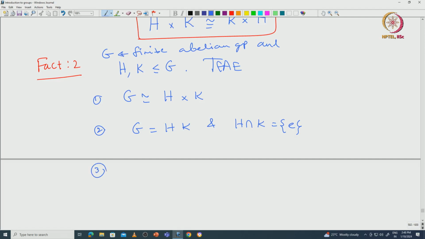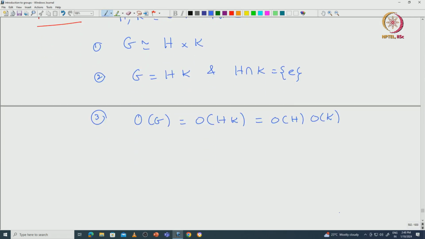The third thing is the order of G is exactly the order of HK, which is exactly the order of H times the order of K. Now if you look at the subgroup HK, because H and K are normal in G, HK will be a subgroup.